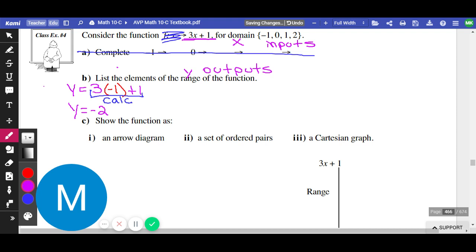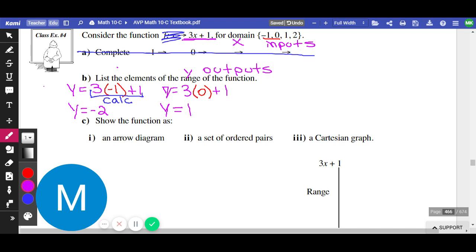I go back to my equation. I say y equals 3, and instead of x, I put 0. That's my second input value. And I go plus 1. Again, I put that in my calculator, I get y equals 1.